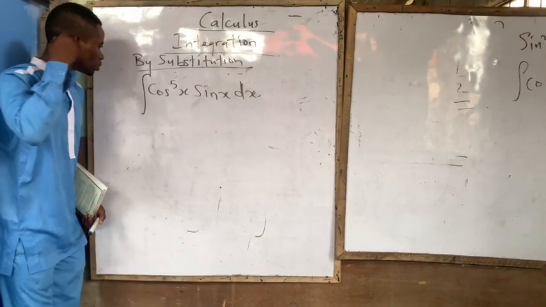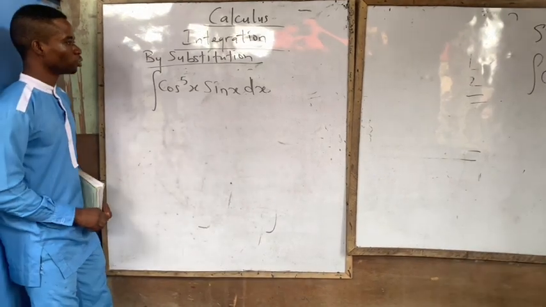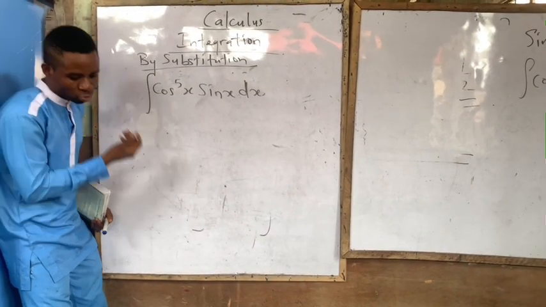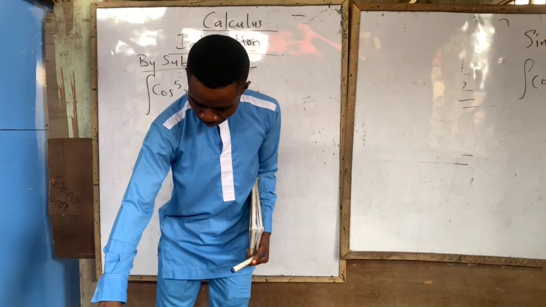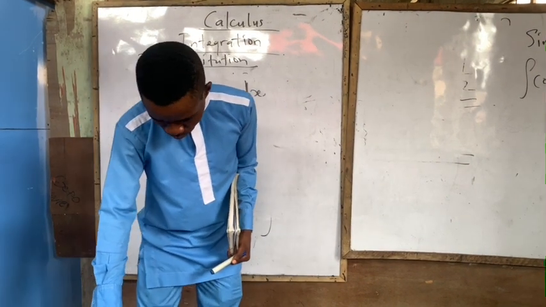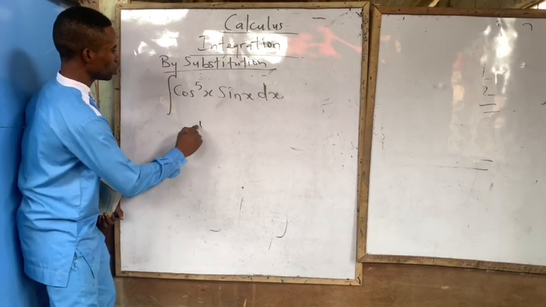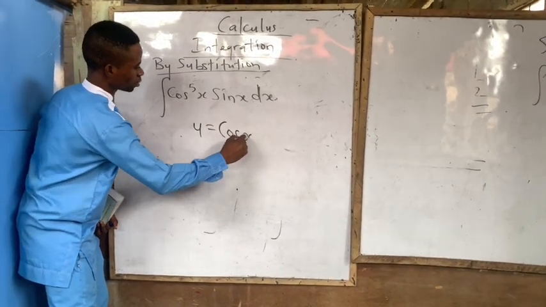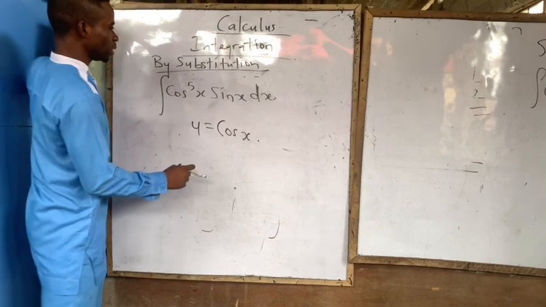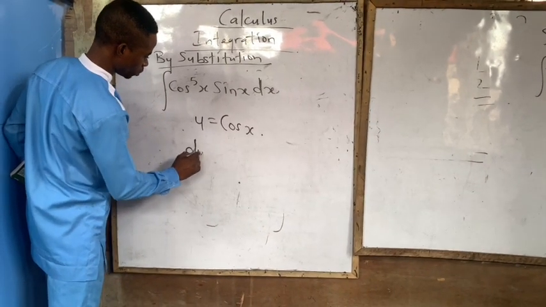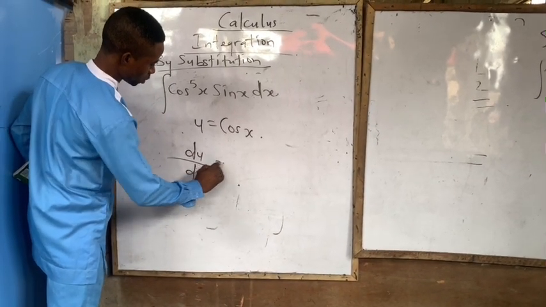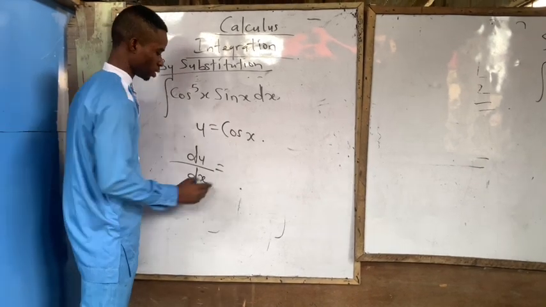Now, if you are given something like this, how do you do it? Just represent cos x by u. Let's say u equals cos x. Don't forget you are looking for dx. That means du/dx equals, what is the derivative of cos x? Minus sin x.